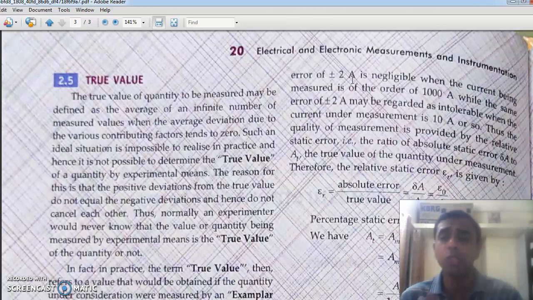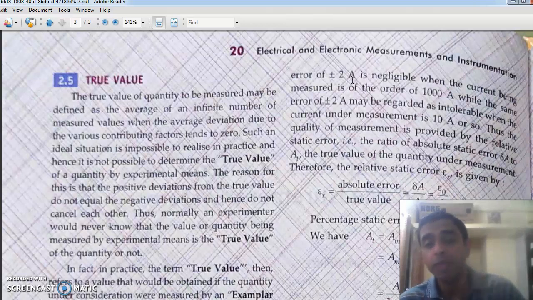So 1000 plus 2 amps is more or less 1000, and 1000 minus 2 amps is also more or less 1000. But if the same error comes for the measurement of 10 amps, then that is intolerable. 10 minus 2 is 8 amps, a very huge deviation. 10 plus 2 is 12 amps, again a huge deviation. So simply specifying static error doesn't make any sense.